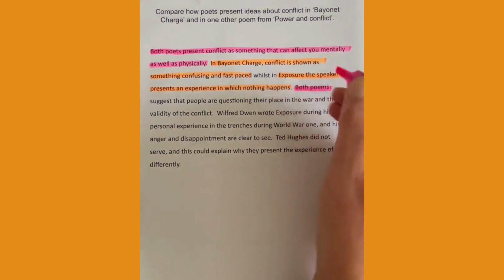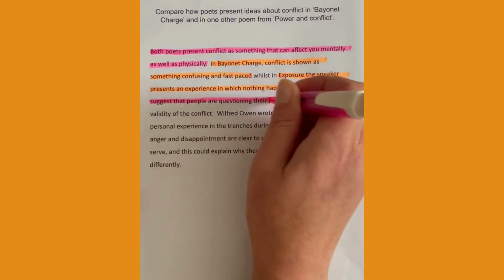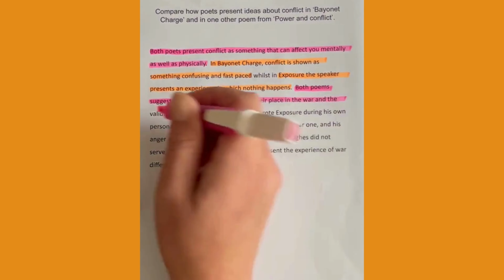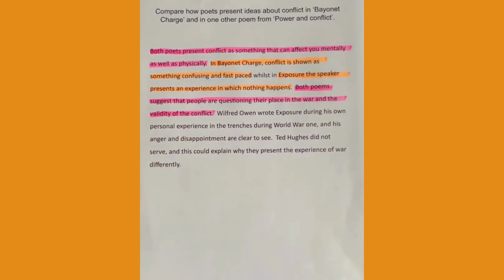I'm then going to develop that thesis statement further. Both poems suggest that people are questioning their place in the war and the validity of the conflict. This is where not only are we hitting assessment objective 1, but we are starting to talk about assessment objective 3.